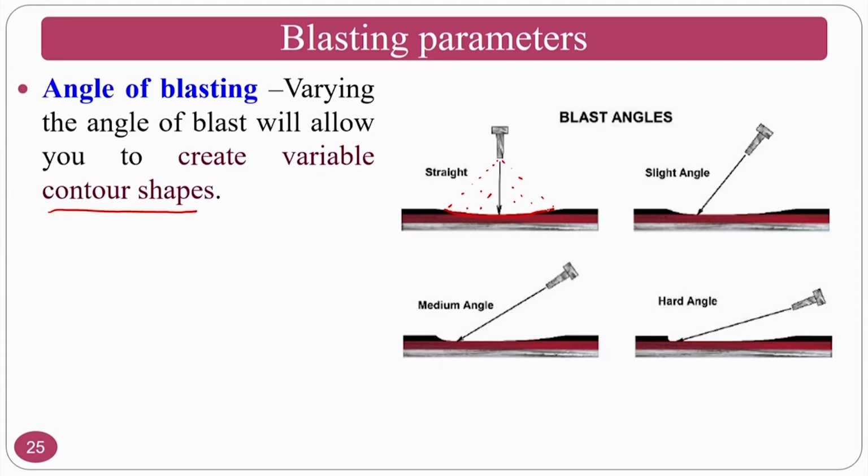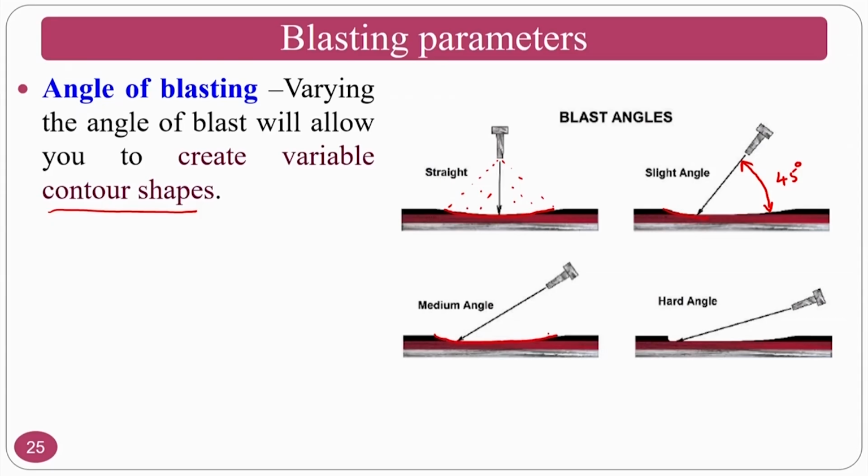If I go for a certain inclination, approximately 45 degrees or so, you will get a feature like this. The contour will be different on this one, and different on another, so there will be a change in the contour. If you go for a medium angle like this one, you will get this type of contour.